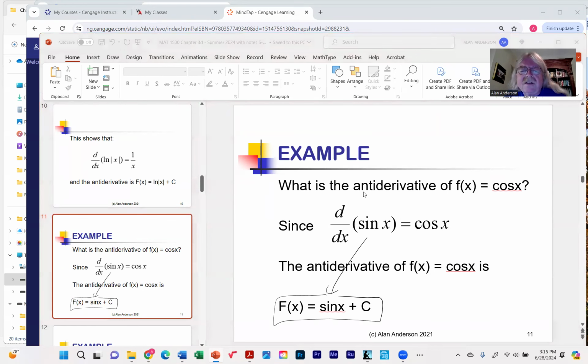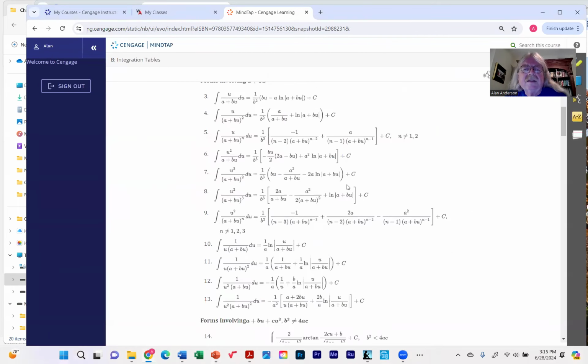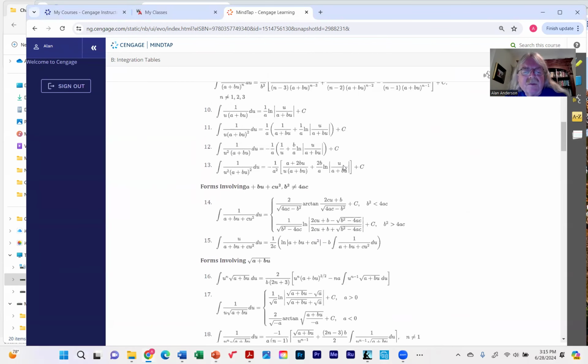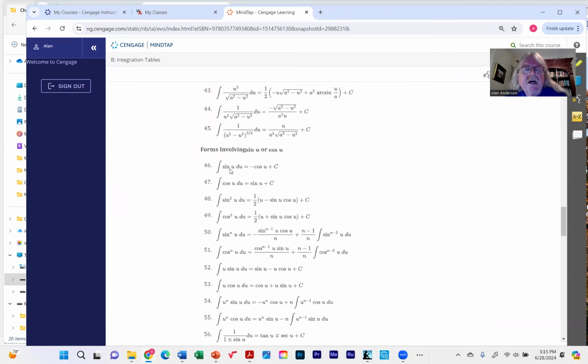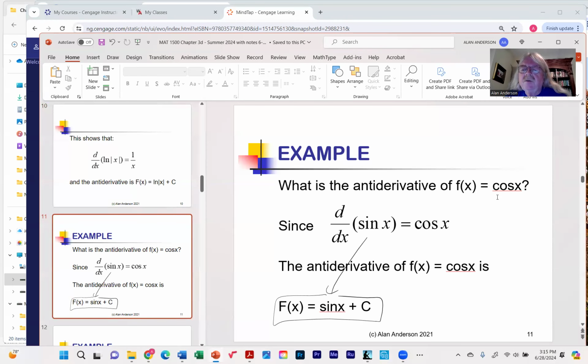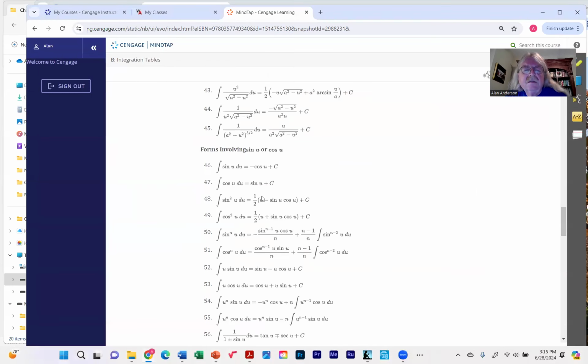By the way, this one is in our table. If you're working on a problem like this and you say, I don't remember this one. Yeah, so in other words, the integral of cosine, now here it's got a u. U means it's a function of x. It means whatever it is, this is how we write our answer.